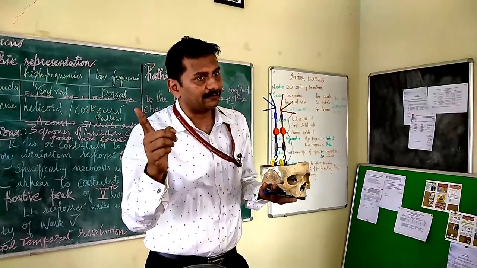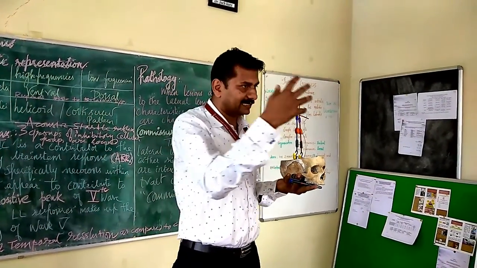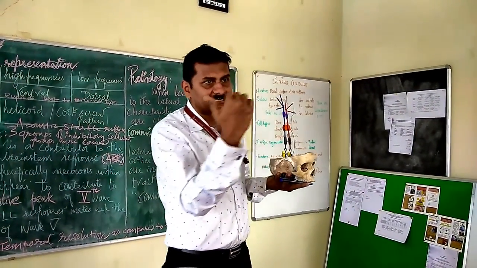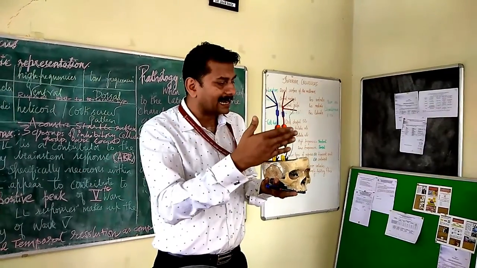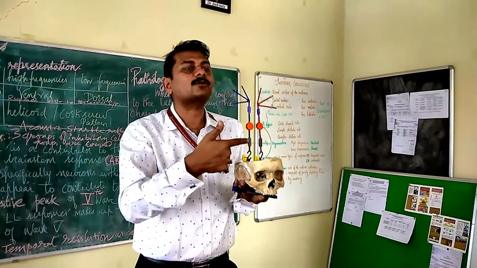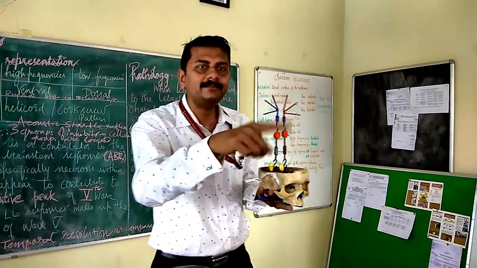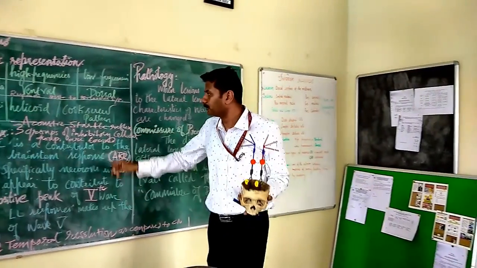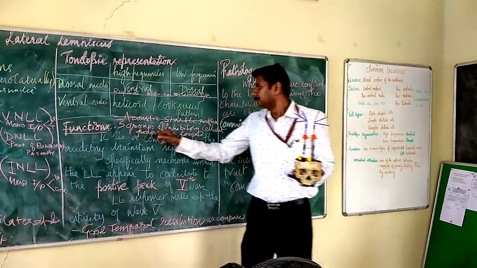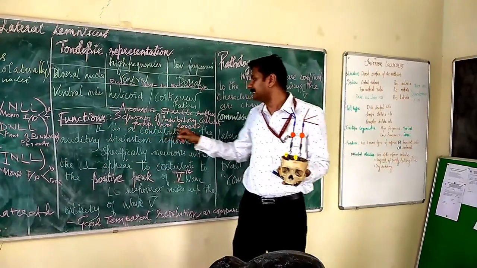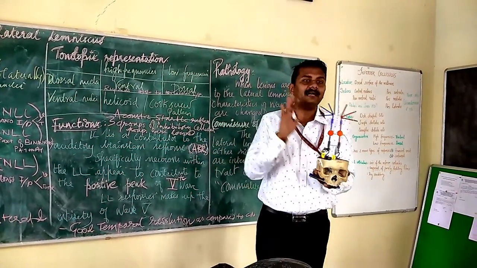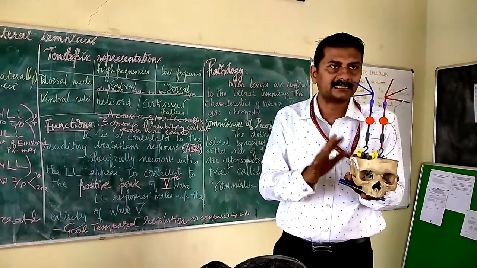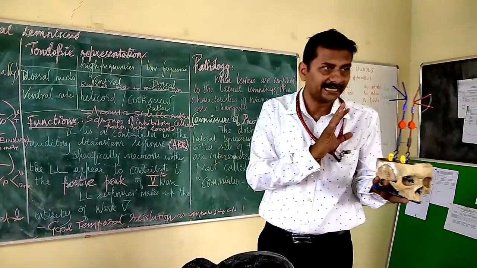We have seen this in the superior olivary complex also. A set of cells get excited, a set of cells get inhibited. The lateral lemniscus has quite a number of inhibitory cells. Correct? So, three groups of inhibitory cells are located in the lateral lemniscus. It has quite a bit of inhibitory cells.